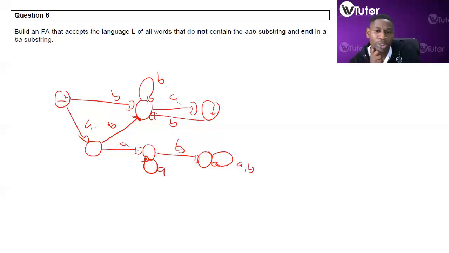An A would take you from the final state, okay? So it will take you from the final state to the state over here, such that if you have another A, then you're almost there. So that becomes it.